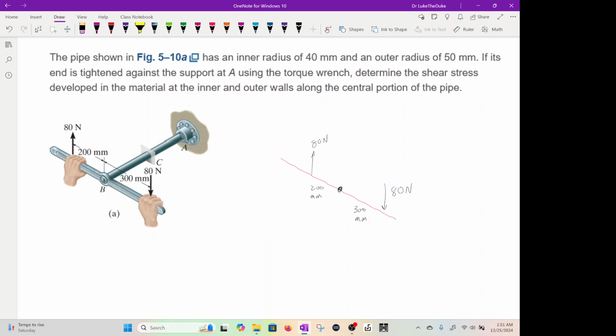Oh, I want to do that in red. And what we have is a torque going around this way, T. Okay, so right here I'm looking at this plane, which is basically right there.